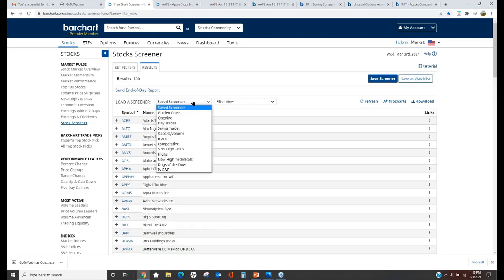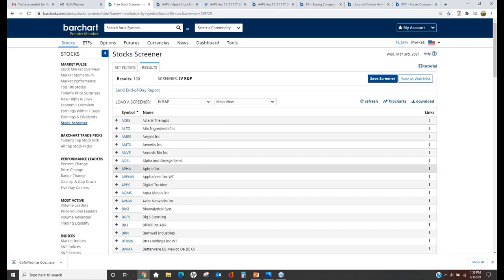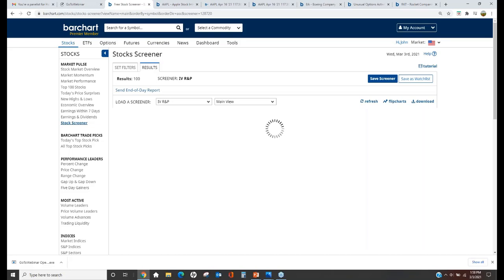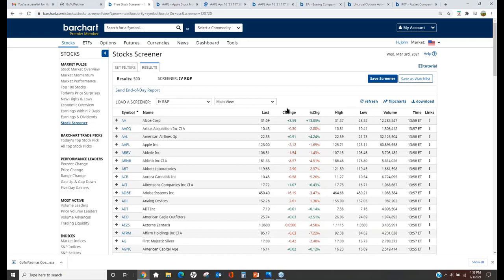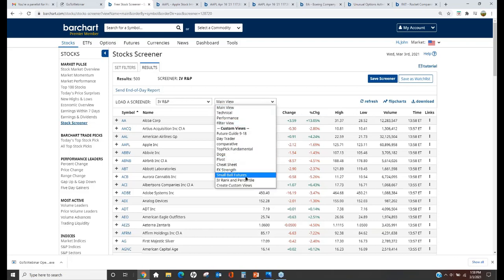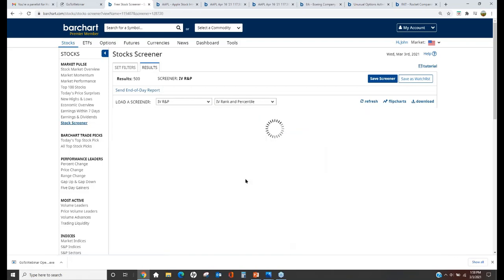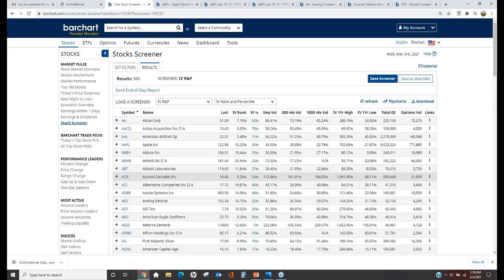One of the screeners that I do have is an IV screener where I can take a list and have those IVs already popped up. Great questions, guys. I'll look under my, here it is, IV percentage, and let's see if it shows. So here you can see my rank and my IV and my implied, and I put in my historical, which is my range, and my options for that. Okay, that's a good question.